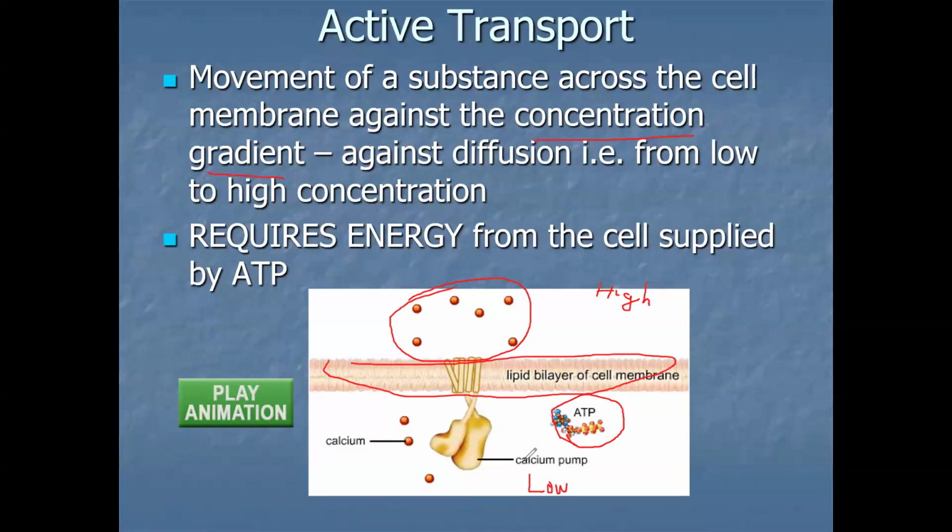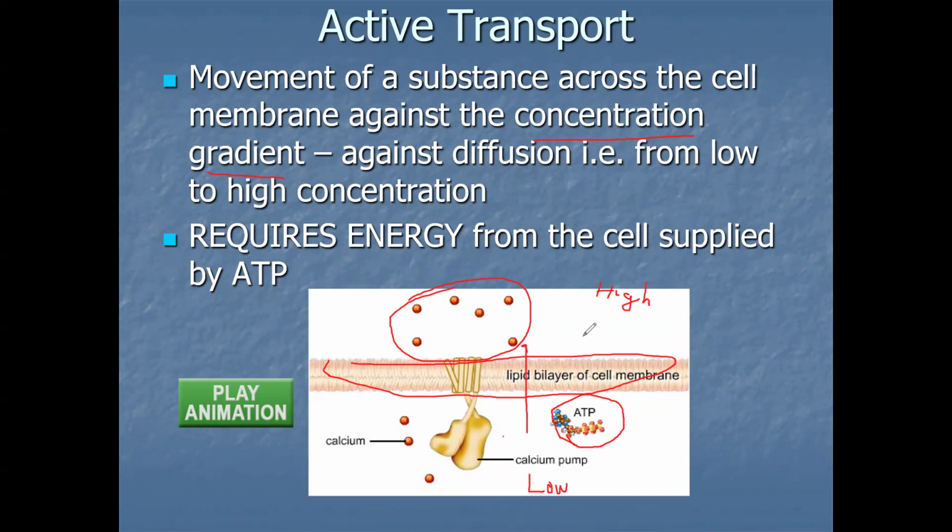So in active transport, the molecules are moving from the region of lower concentration to the region of higher concentration. By looking at this, you'll observe that inside the cell the concentration of calcium is low, and outside the cell the concentration of calcium is high. So the movement would be from inside the cell to outside the cell, but energy is needed.